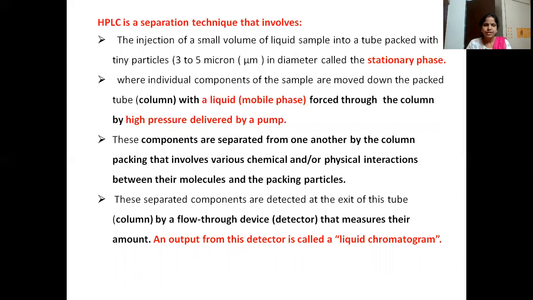These separated components, after coming out of the column, are detected by a detector, which is connected to a computer where we get a chromatogram. A graph is obtained, known as the liquid chromatogram. Through that graph we can easily find out the nature of the sample as well as the amount of the sample present in the given compound.